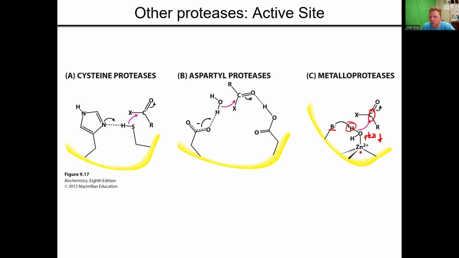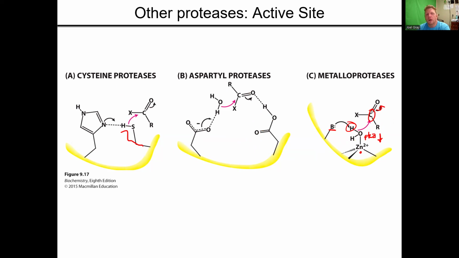That carbonyl carbon can push these electrons out to that oxygen and get us closer to breaking that peptide bond. Cysteine proteases are going to have a cysteine residue in the active site. Aspartyl proteases are going to have an aspartic acid in their active site, and chances are they're going to use another aspartic acid as well.